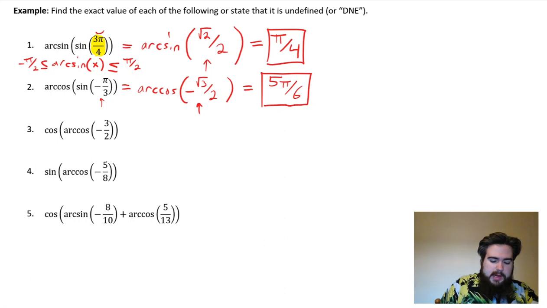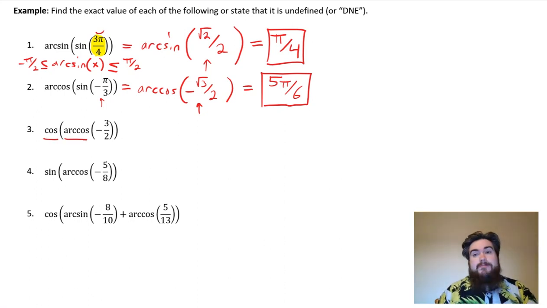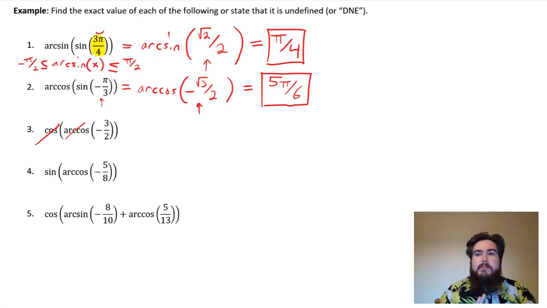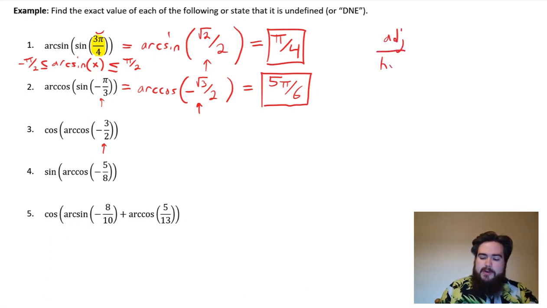For the third one, we have cosine and arc cosine. Again, people are going to be tempted to just cancel those out. And when done in this particular order, that actually happens to be fine most of the time. The only thing you really need to check is that the ratio actually defines a realistic triangle. This is a ratio for cosine. And cosine as a ratio is supposed to be adjacent over hypotenuse.